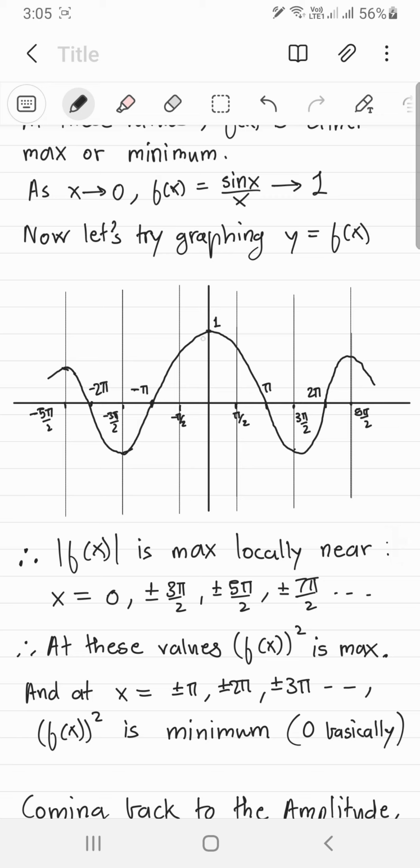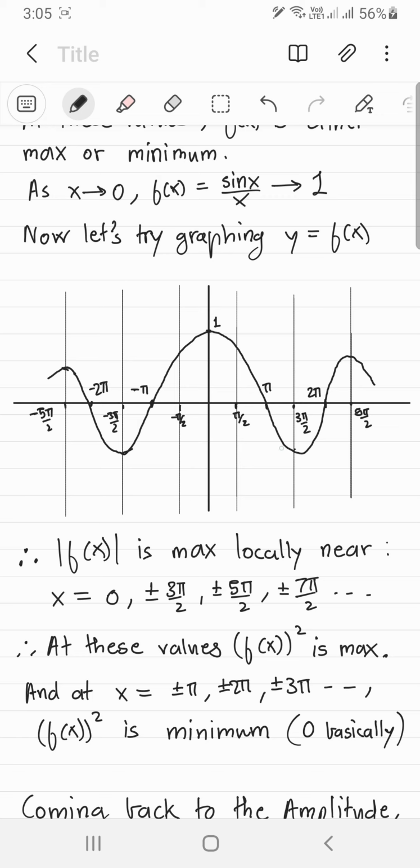So first, it's 1. Then at pi, it will be 0 because sine pi is 0 and x is not 0, so it is definitely 0. And that means that first it's 1, then it goes to 0, and till here there's no extremum point reached, which means it is continuously decreasing. And then it keeps on decreasing till it reaches 3 pi by 2, near which it will have an extremum value.